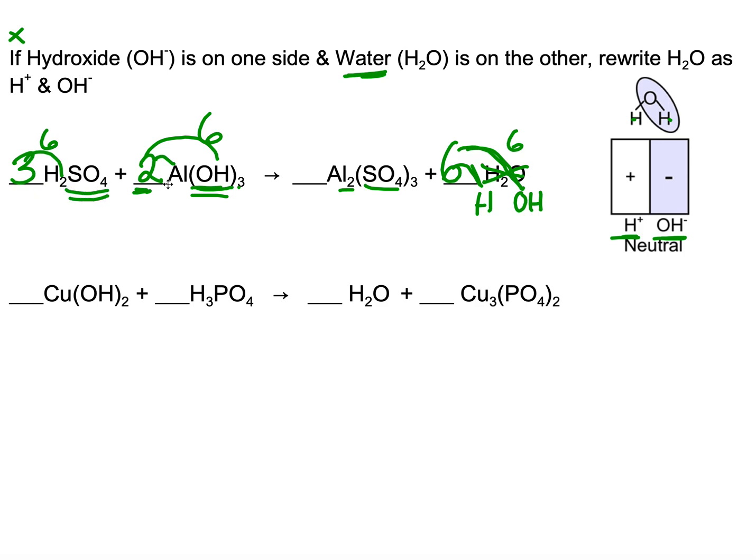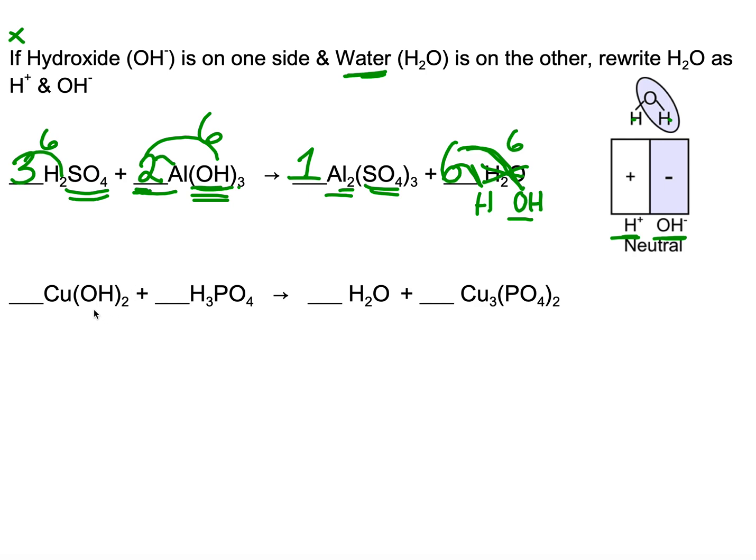My sulfates work out. My aluminums work out. And my hydroxides work out. Even though I didn't see hydroxides initially, I've got that OH. It's a little easier if you rewrite the water so you can see that hydroxide, and then you can balance it as a group. So 3, 2, imaginary 1, 6.